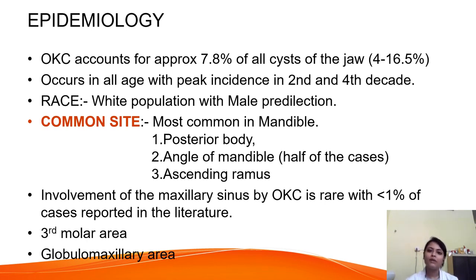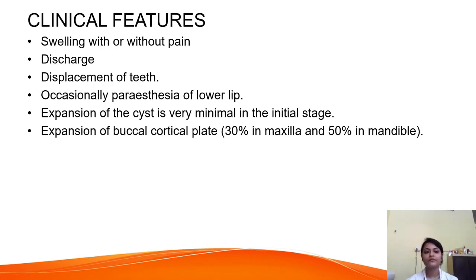Involvement of the maxilla is also there, but in the maxillary sinus it is very rare, less than 1%. Globulomaxillary area and third molar area, these areas also sometimes we will find OKC.